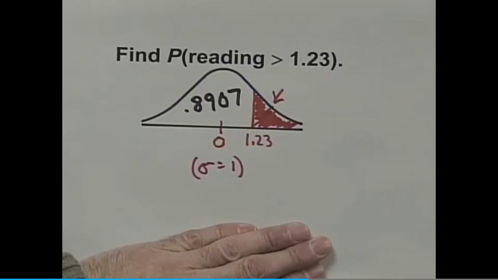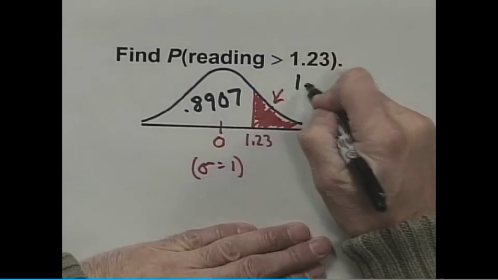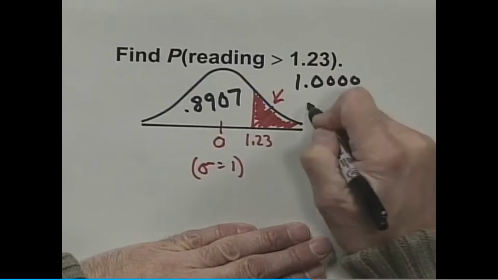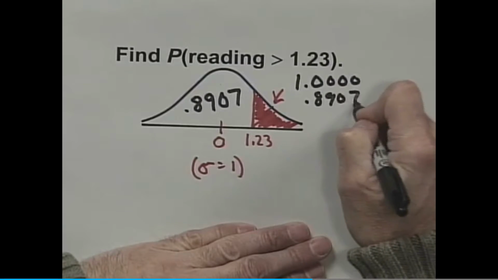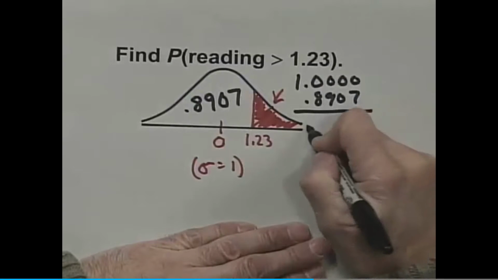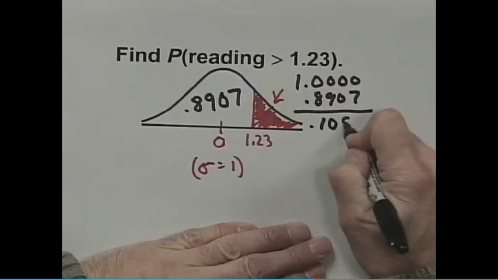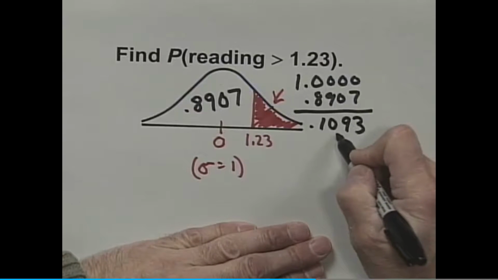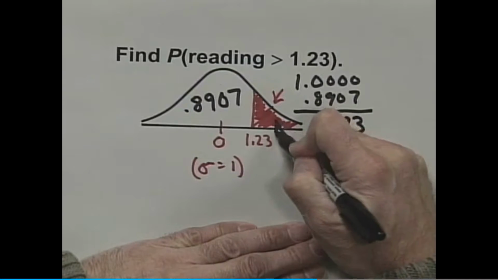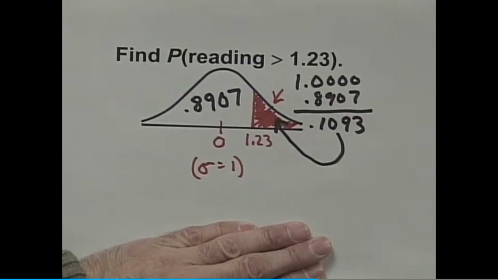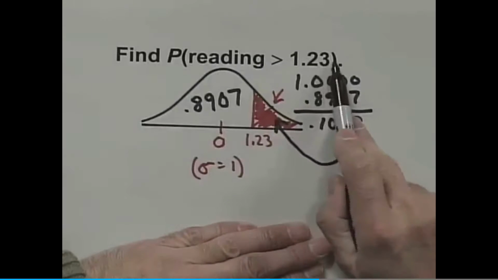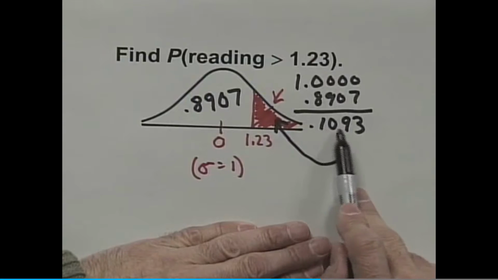All I have to really do is subtract 0.8907 from 1. And when I do that, I get 0.1093. This 0.1093 has to be this region. Therefore, the probability of a reading greater than 1.23 degrees is 0.1093.